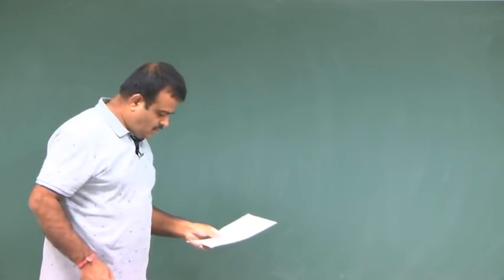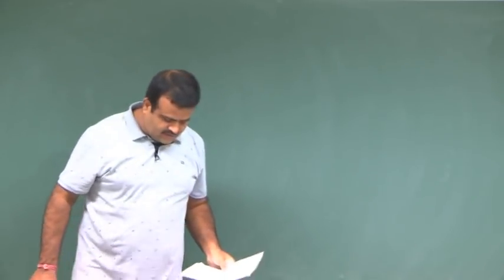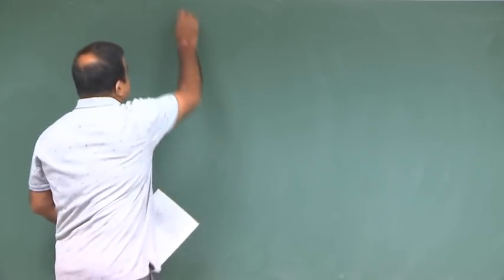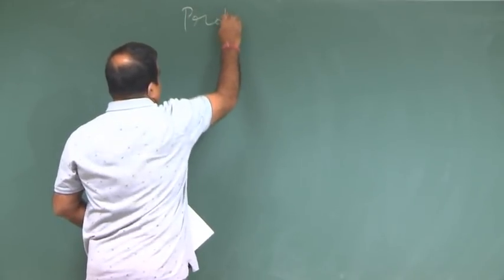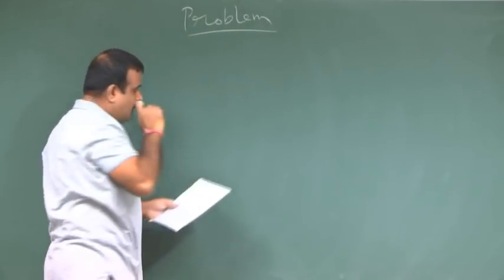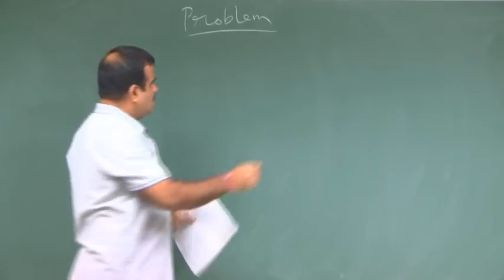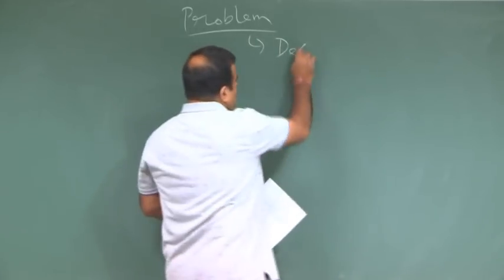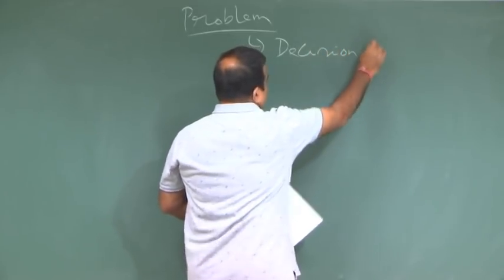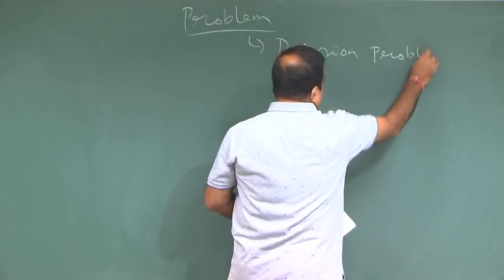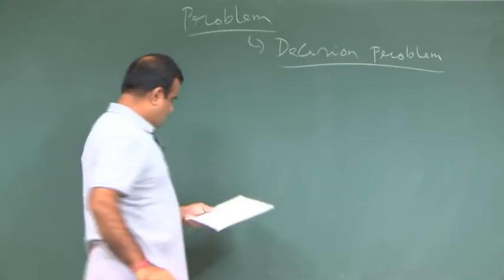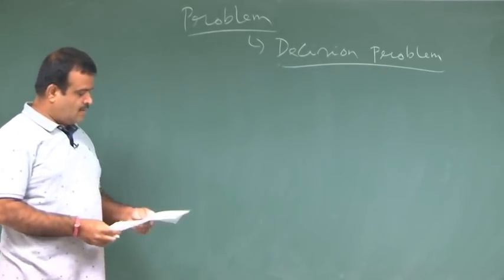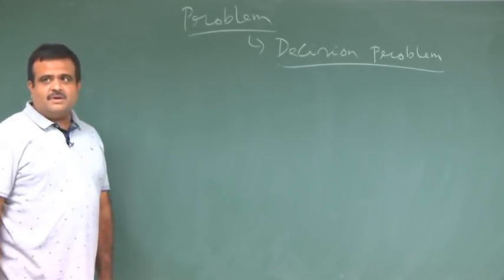We will talk about types of problems like decision problems, which can be handled by the deterministic finite automata. It is basically a membership of a language.